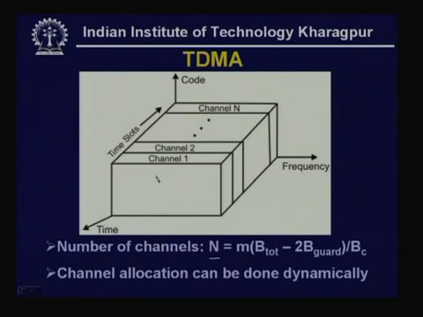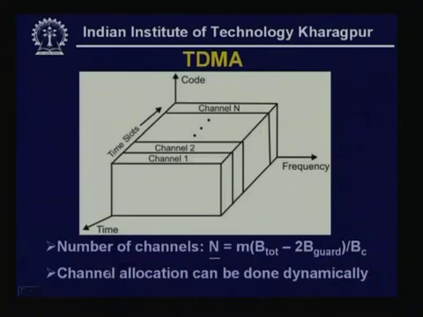Now, just like the case of frequency division multiplexing, here also it is possible to assign the slots to different stations or users dynamically. So, channel allocation can be done dynamically.